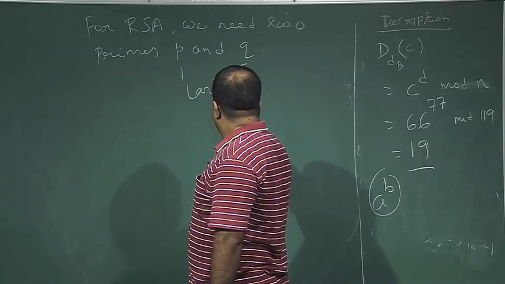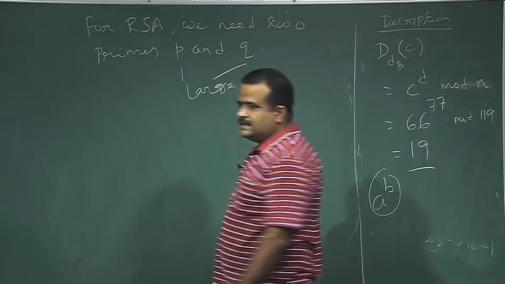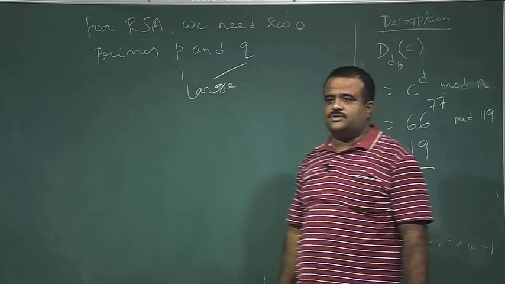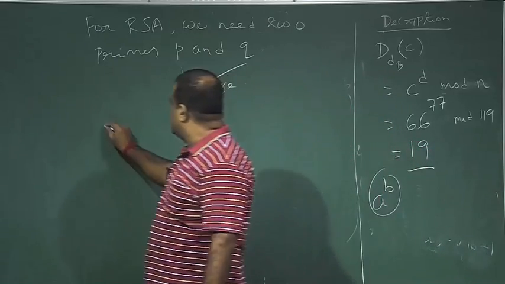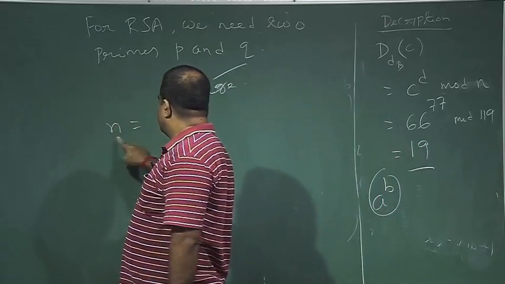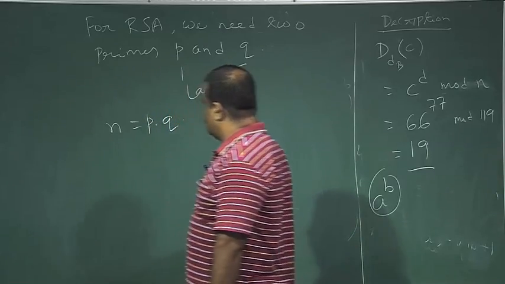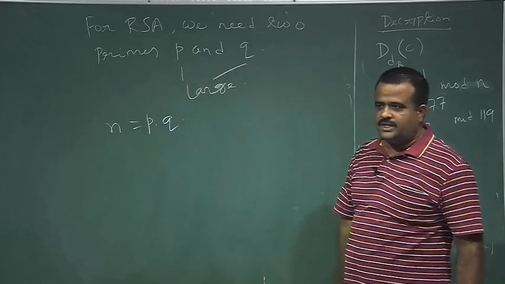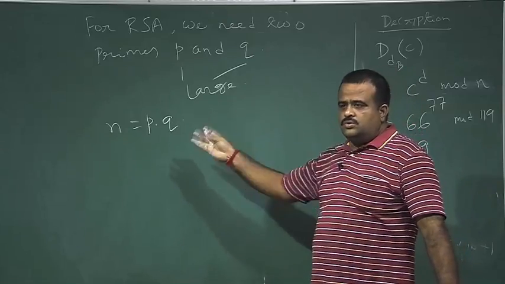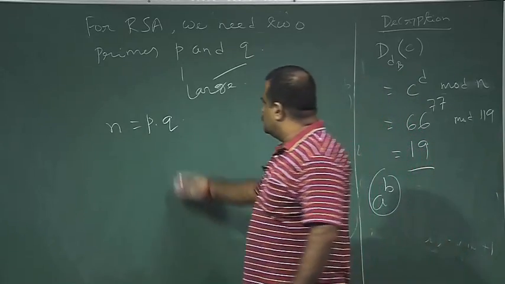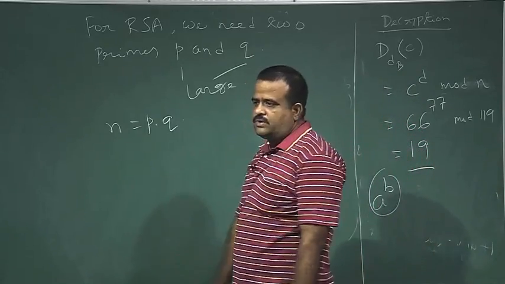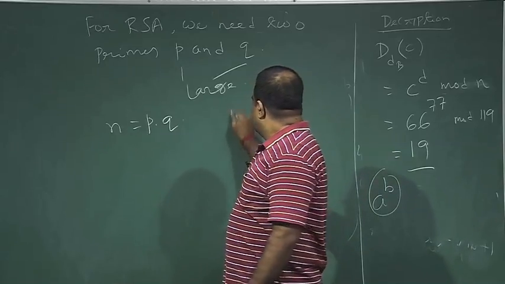Because the security of RSA is based on factorization being hard. We are given n, which is an integer that is a product of two primes. If one can do this factorization, then one knows P and Q.